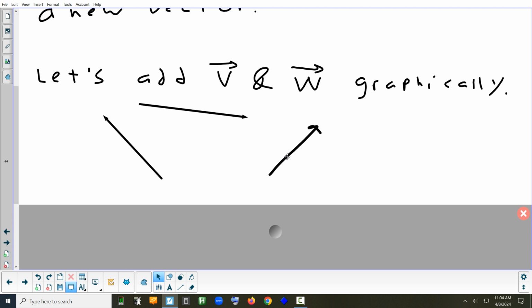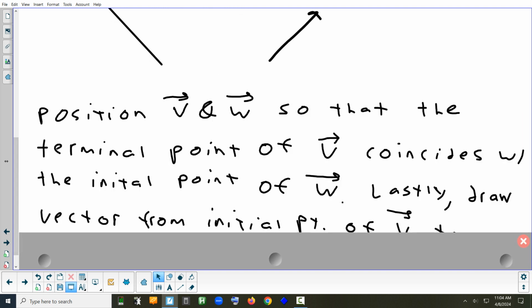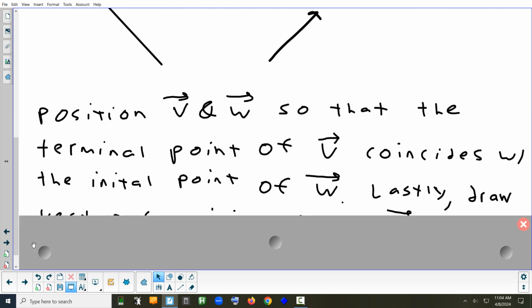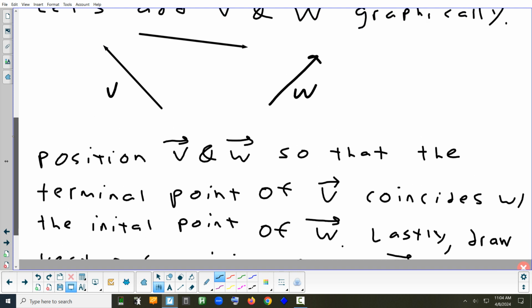Okay. I'll write down everything I just did. That's the idea. So I'm calling the two vectors I'm using V and W. So you're going to position the two vectors. Let's call that V and W. Position the two vectors so that the ending of V, that's right there, and the starting point of W, that's right there, line up.